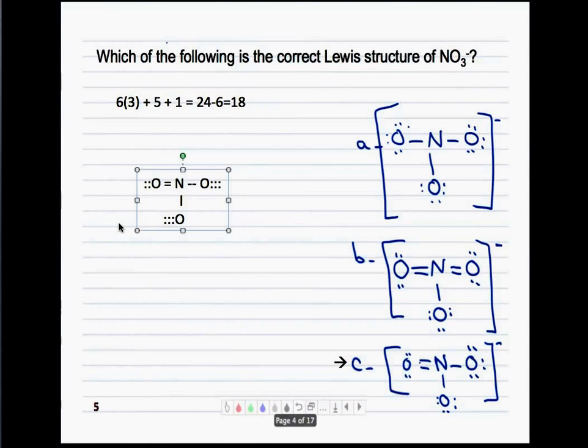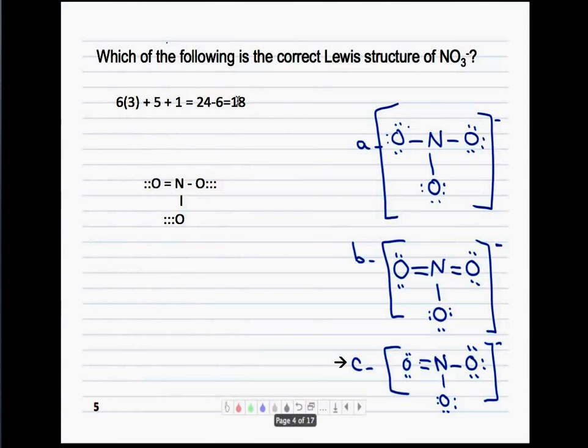And in total, I have 3 oxygens. They belong to group 6. Plus I have nitrogen, which belongs to group 5, and NO3 minus means plus 1 electron. That's a total of 24 electrons. I have minus 6 electrons in bonding, 1, 2, 3, 4, 5, 6. So I end up with 18 electrons.